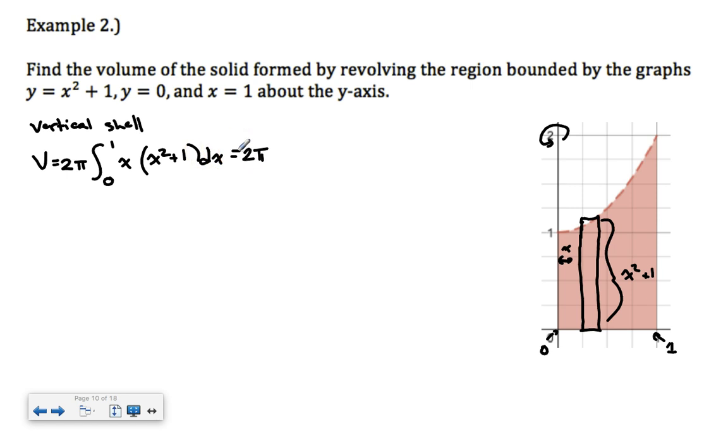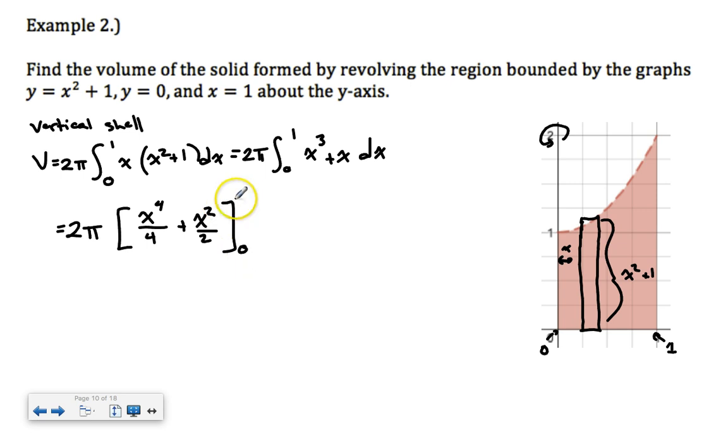So you get 2 pi times the integral from 0 to 1, x cubed plus x, dx. Antiderivative of the inside, it's 2 pi times x to the 4th over 4 plus x squared over 2. That's being evaluated from 0 to 1.